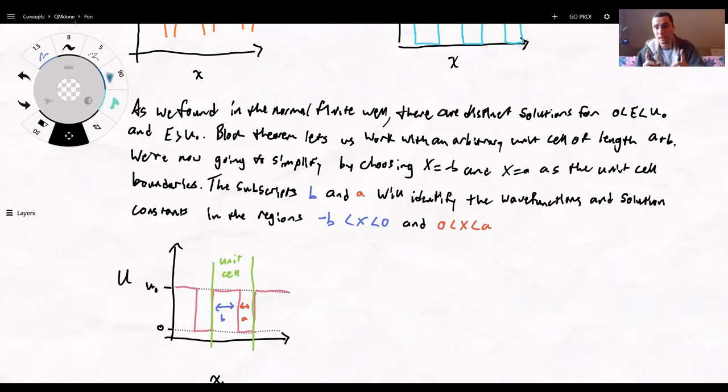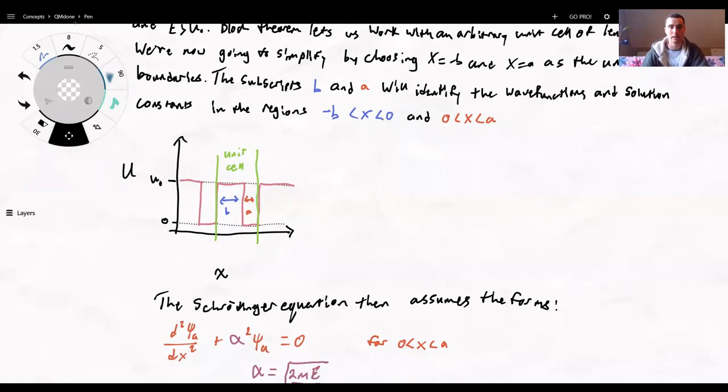So now there's going to be two different regions, one where there's a potential energy to be in that region, and another region where there is no potential energy to be in that region. You're a free particle. So this is what it's going to look like.